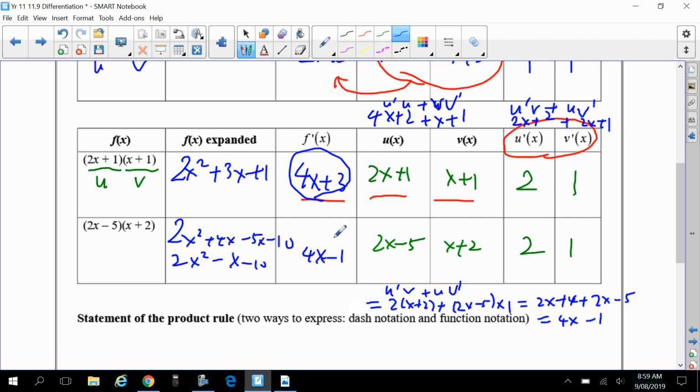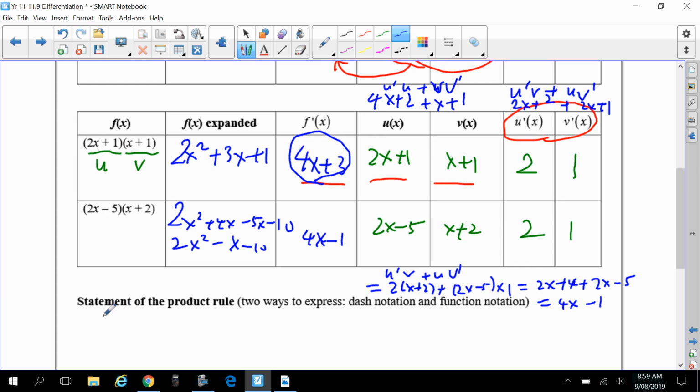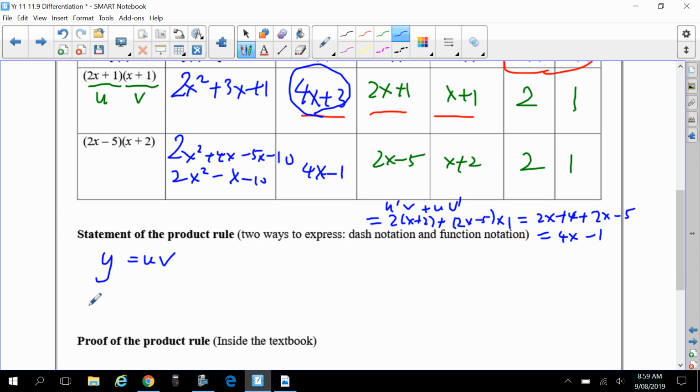So now we have a statement of the product rule: if f of x is equal to uv, or probably we just use y. Now, how do we state it in the reference sheet? On the reference sheet, they use this symbol. Okay, cool. If y equals uv, they use dy over dx equal to v times du dx.